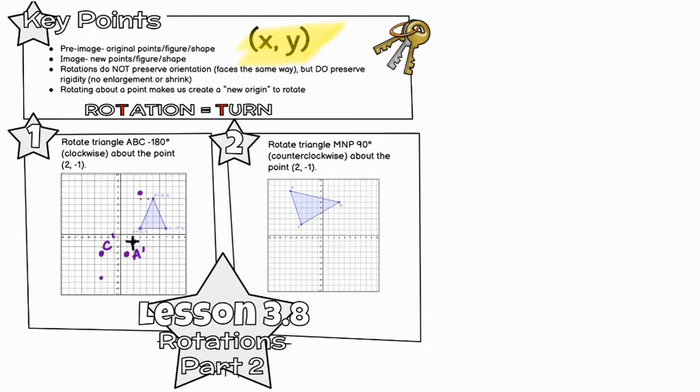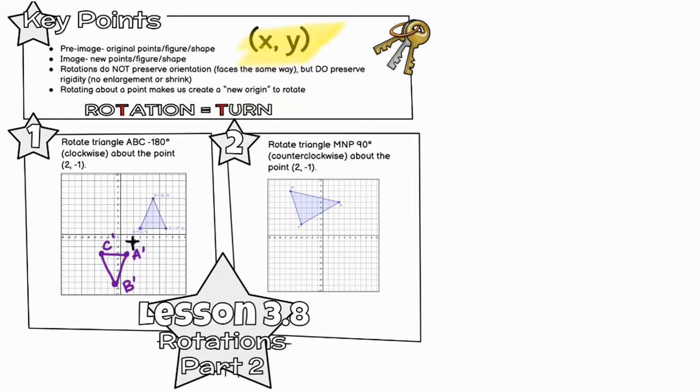Then I go down 1, right 2, and that gives me my real B prime. So then I'll go back and erase this. So lots of steps involved here with rotating it, like moving it. So I'm going to show you a different way that you can do it here.